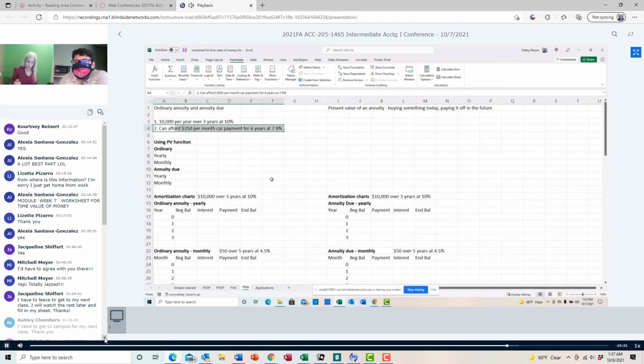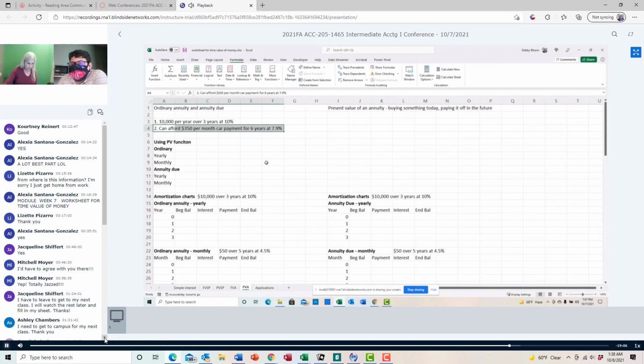You don't know how expensive a car you can buy, but you know you can afford $350 a month. So you arrange a loan. You say, you know what, I can go 6 years. 6 years is okay. And they quote you 7.9%. How expensive of a car are you buying? Are you buying a $7,000 car? Are you buying a $90,000 car? What is the value of that stream?